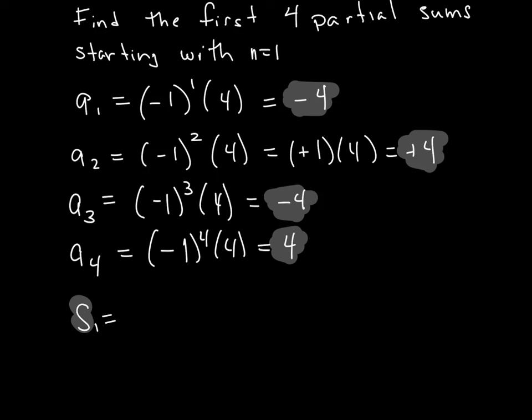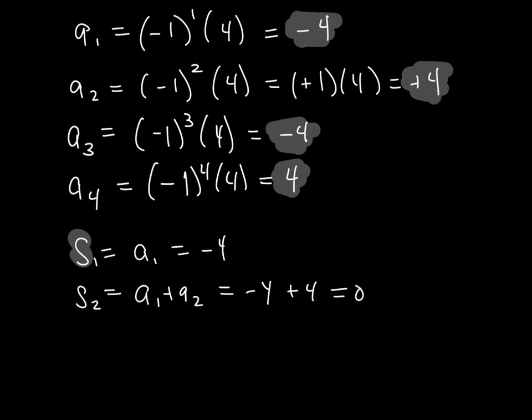S of 1 is just equal to a of 1, which is just negative 4. The partial sum of 2 is the first 2 terms added together, so that's negative 4 plus 4, which is equal to 0.